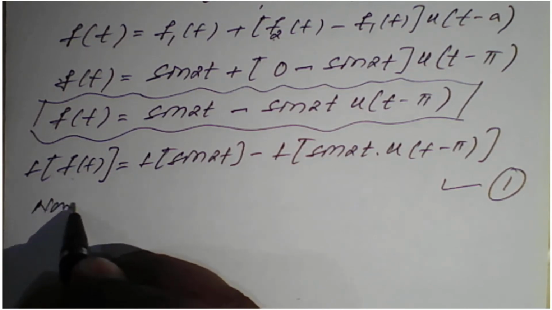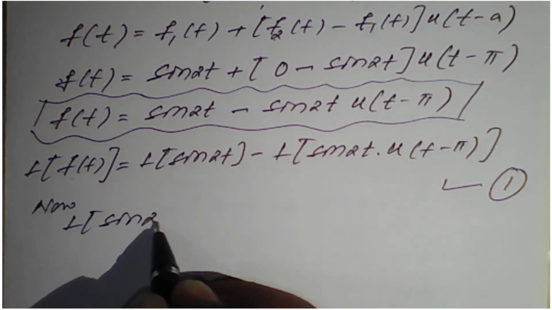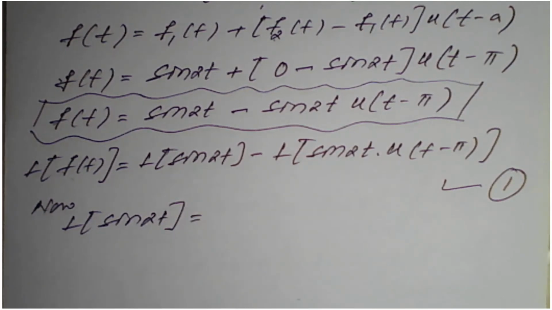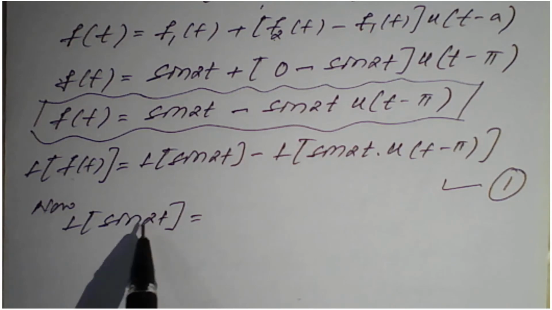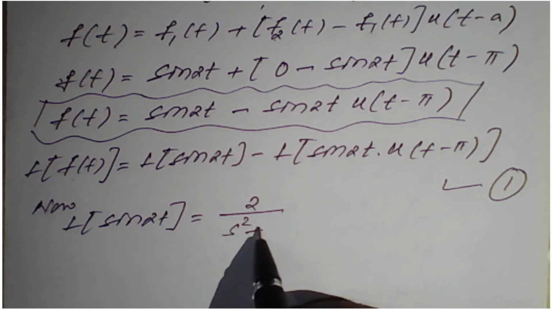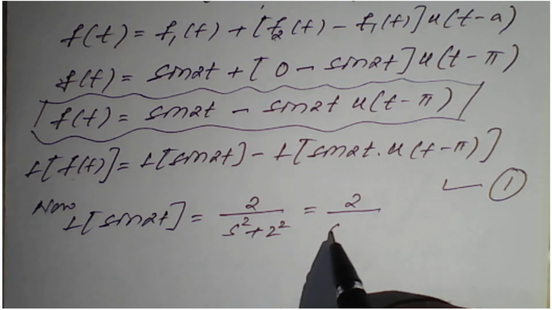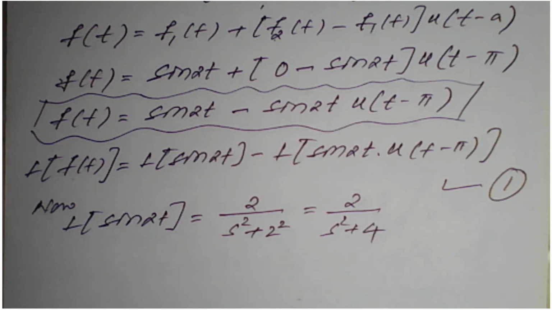We'll find them separately and apply them later in equation number 1. Now the first term, Laplace transform of sin 2t, is a standard property. Laplace transform of sin 2t is nothing but 2 divided by s square plus 2 square, which is 2 divided by s square plus 4. So we got the first term result, that is 2 divided by s square plus 4.